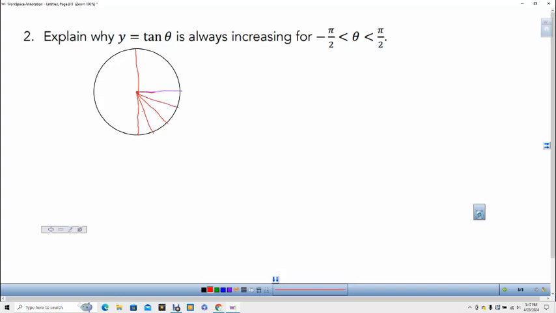So what we're looking at is what's the slope of these lines doing as we go all the way around in the exact same order that we're talking about here on our interval. As we start from looking down here and letting that angle get more and more positive, increasing from negative pi over 2 to pi over 2, the slope of this line is really negative.